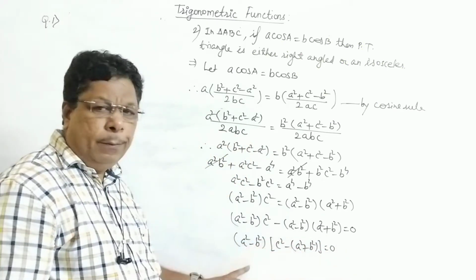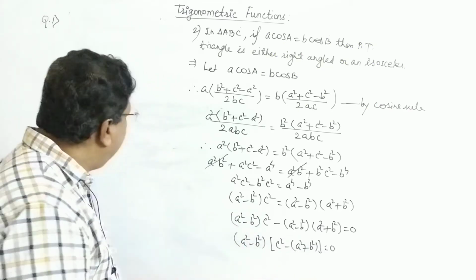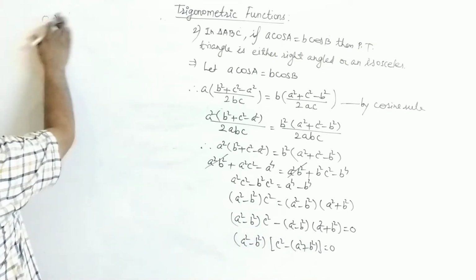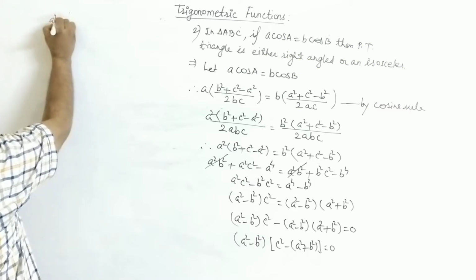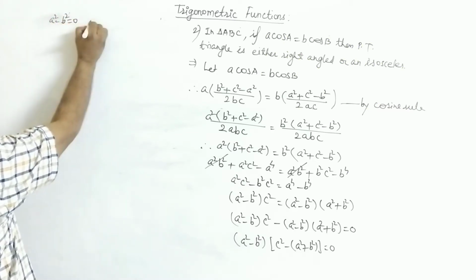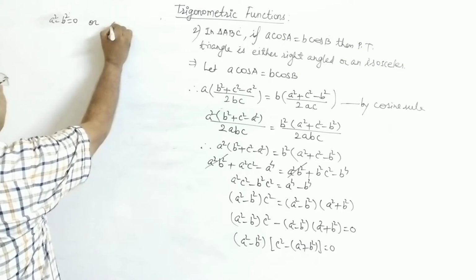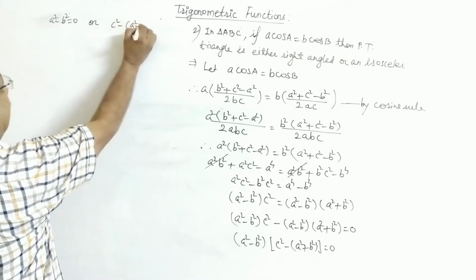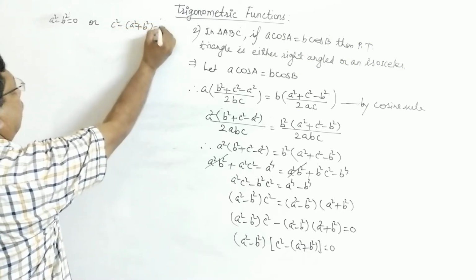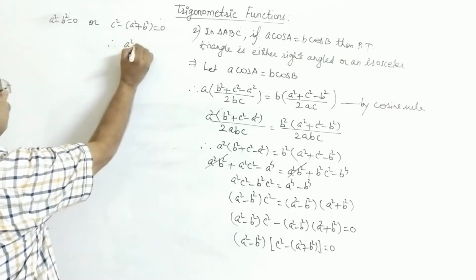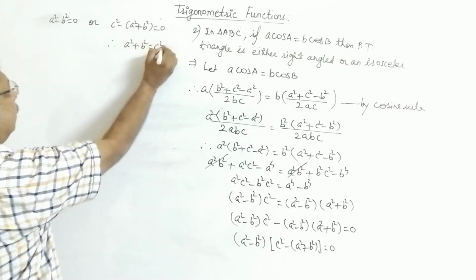Product of these two terms is equal to 0. Therefore, A square minus B square equal to 0, or C square minus A square plus B square equal to 0. From this we get A square plus B square is equal to C square.